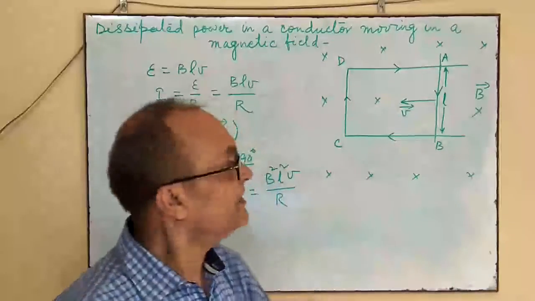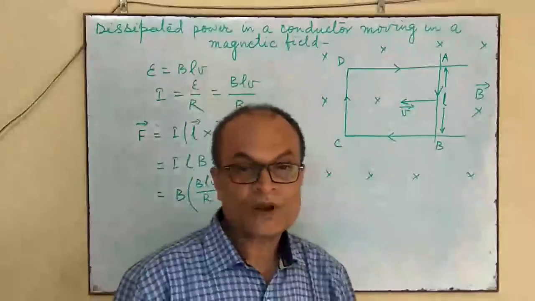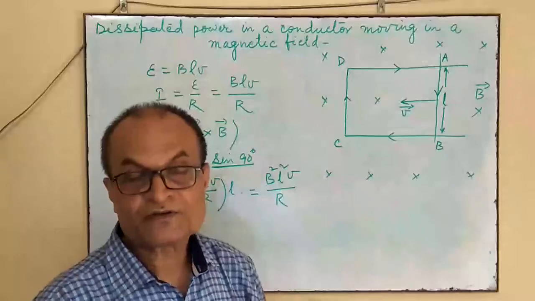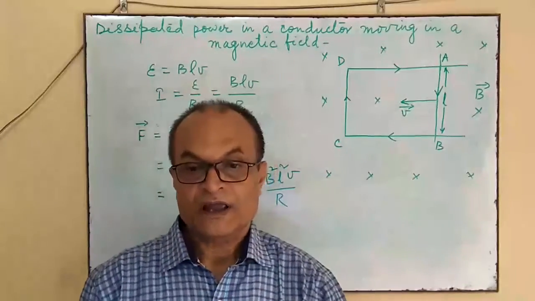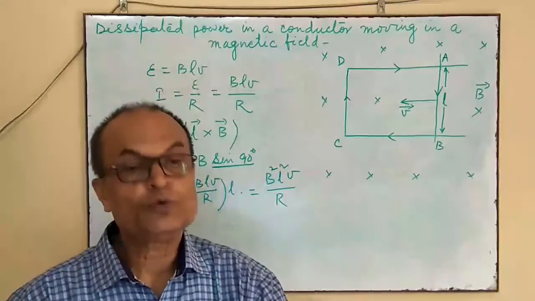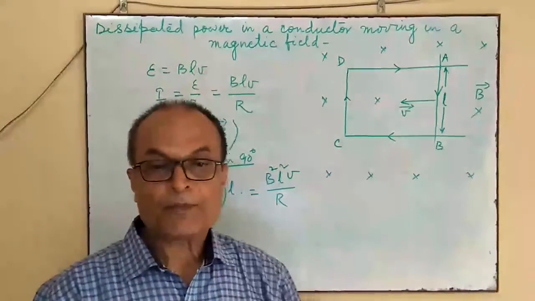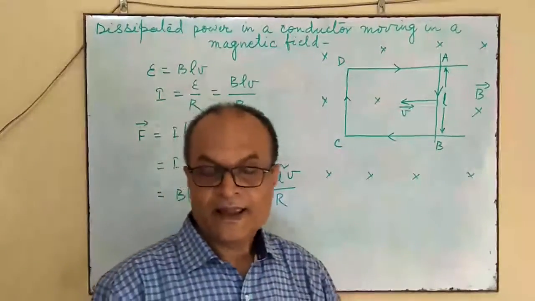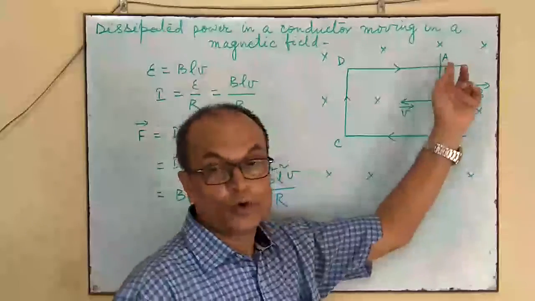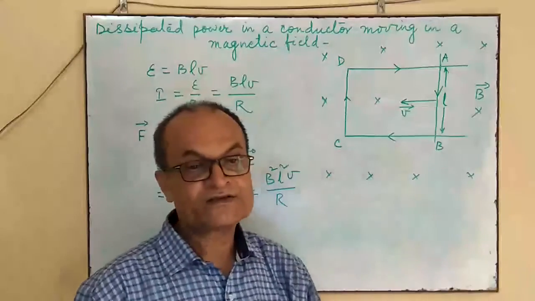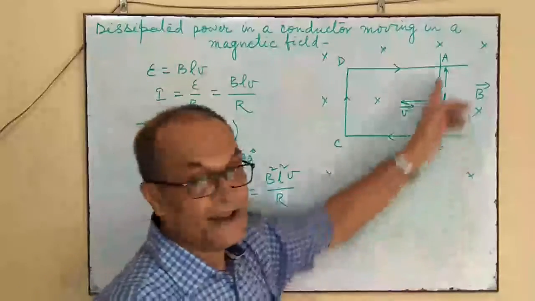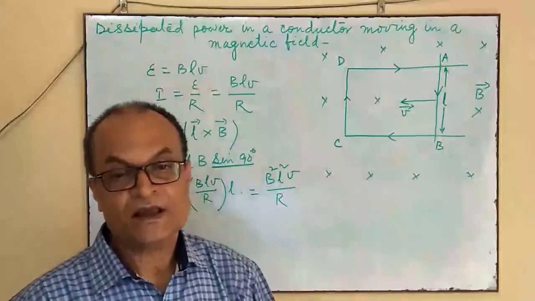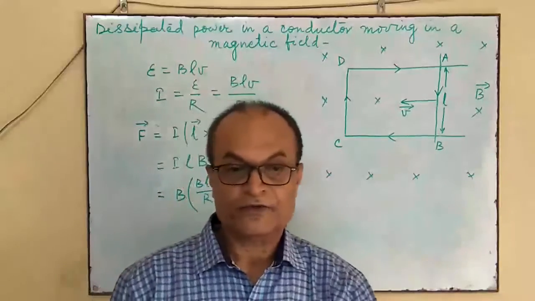Since conductor AB is moving with a constant velocity, the magnitude of the force to be applied on the conductor AB is equal to the force on the current carrying conductor placed in the uniform magnetic field, to counterbalance it.